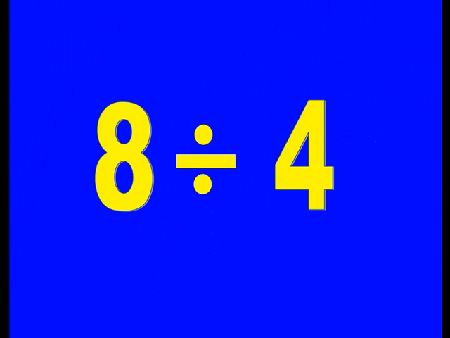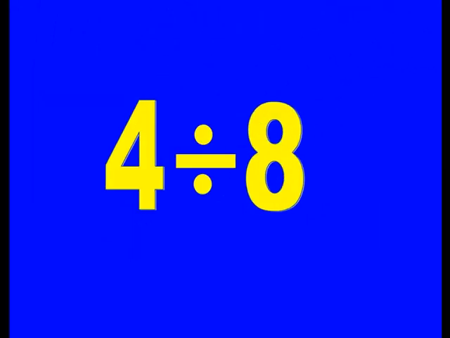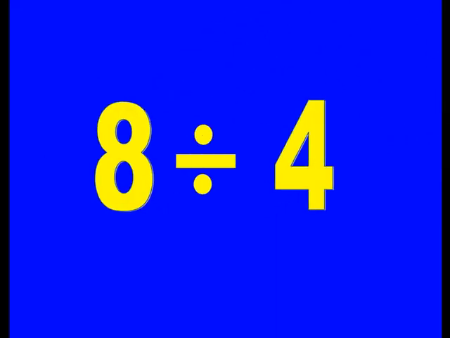Some people express it differently by saying 4 divide 8. They also punch it into the calculator this way. This is wrong because you are dividing 4 with 8 instead of dividing 8 with 4. So the correct expression is 8 divided by 4.